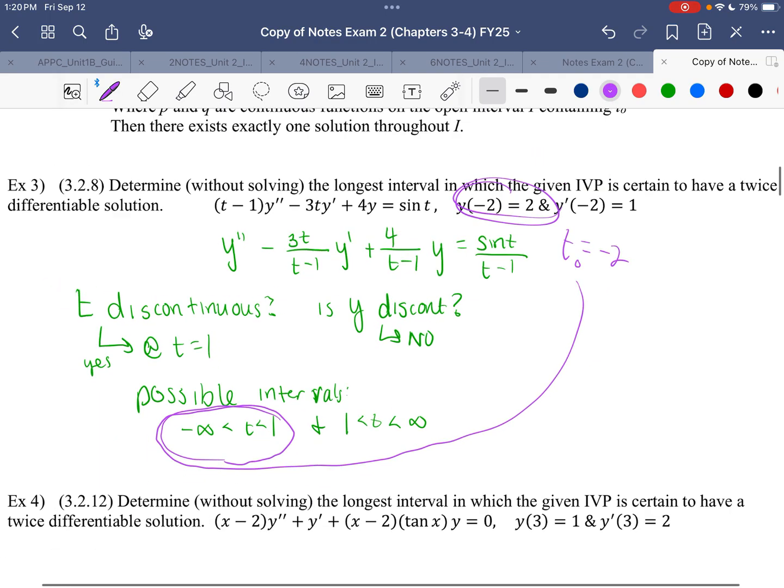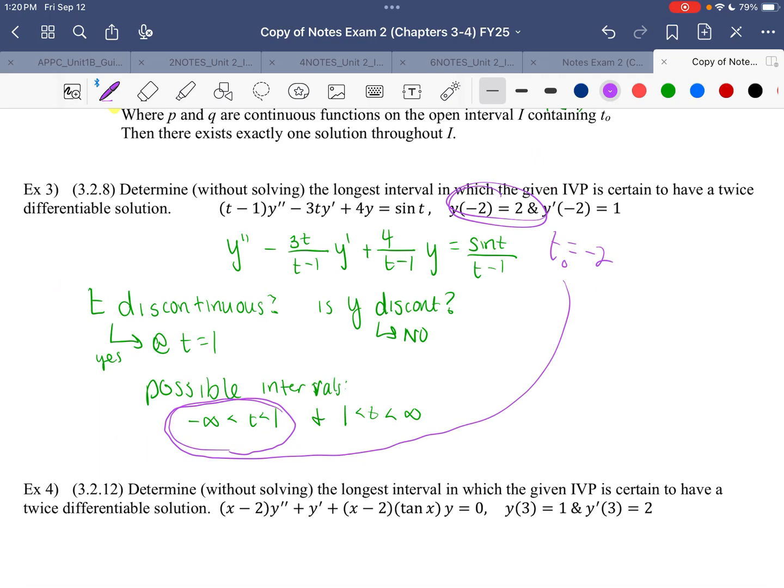All right, let's try to do 4. This is a little bit trickier.